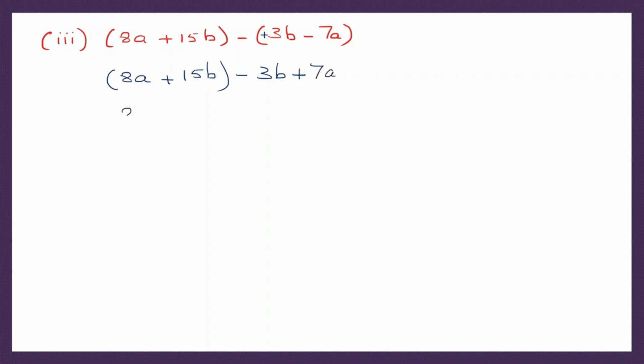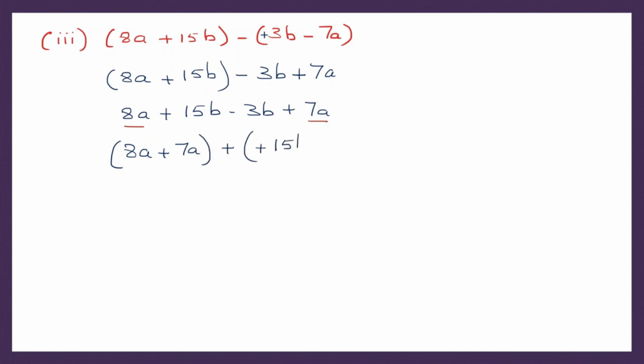Okay, so let's open all brackets. 8a plus 15b minus 3b plus 7a. Now let's take the like terms. We have 8a and 7a as one set of like terms. So let's put those together. 8a plus 7a plus, now let's take the b's together, plus 15b minus 3b.